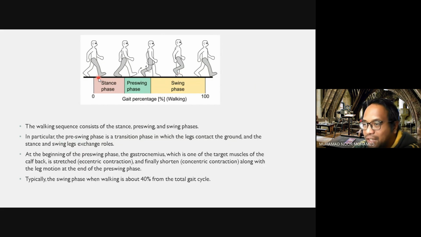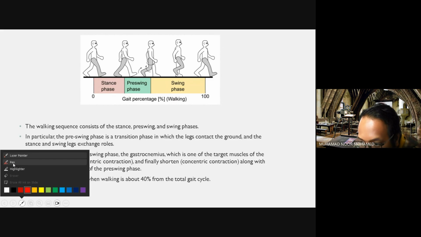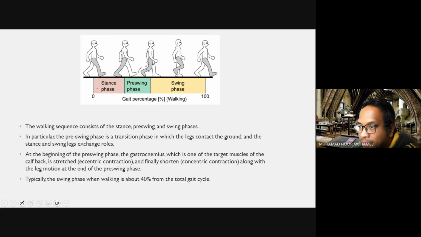Okay. So maksudnya kalau kita buat lakaran kan, if we do some lakaran here, okay, this is stance. Okay, dekat sini. Ni, kita buat satu. Okay, this is actually stance phase untuk kaki kiri. Okay, kalau kita tengok kaki kanan, kanan ke kanan, kiri ke kiri.